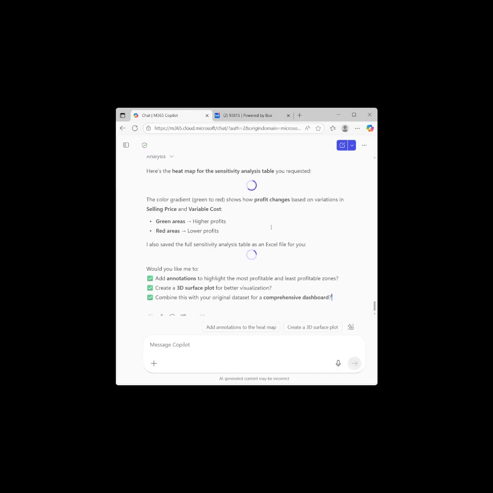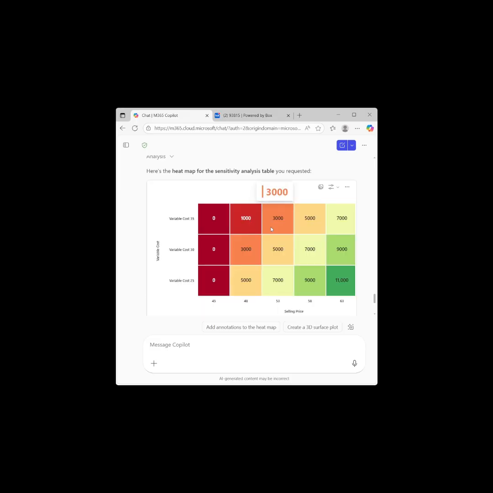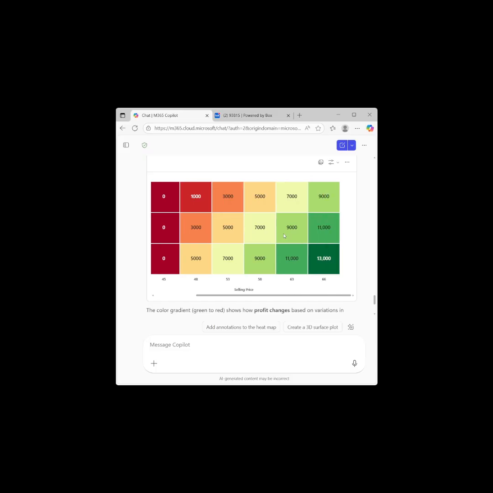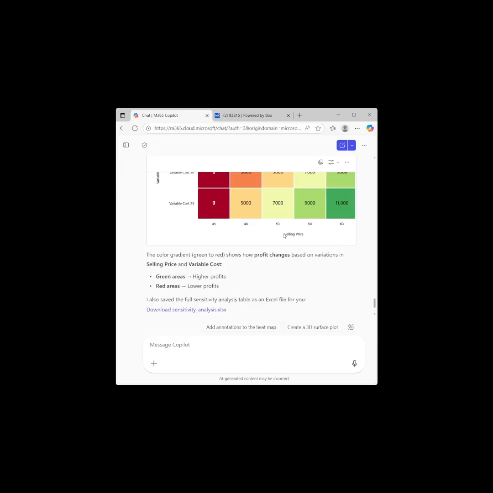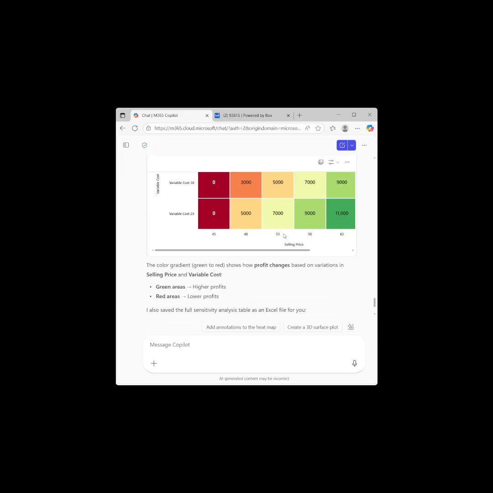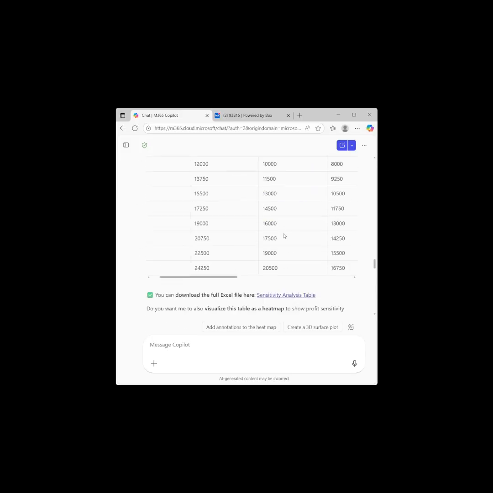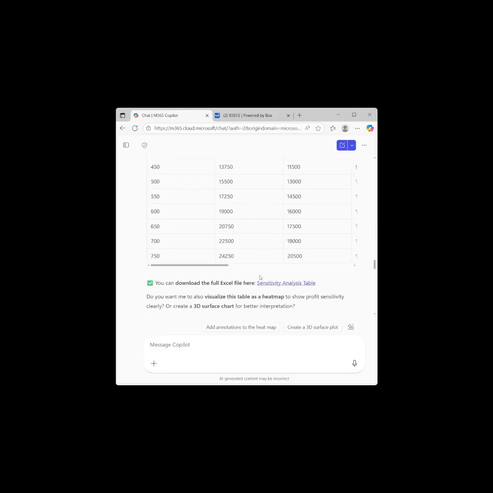It's loading up for us. Actually different. This is the selling price and variable cost, when here it is our units sold.